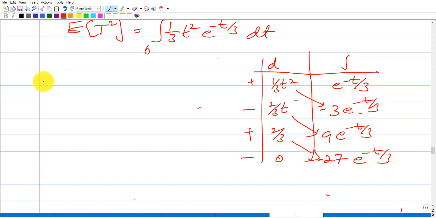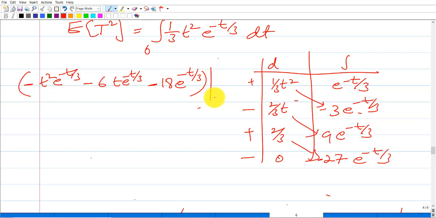So that integral would be simply t square e raised to power minus t by 3, minus 3 times 2 is 6 t e raised to power minus t by 3, minus 9 times 2 is 18 e raised to power minus t by 3, over the range of 0 to plus infinity.